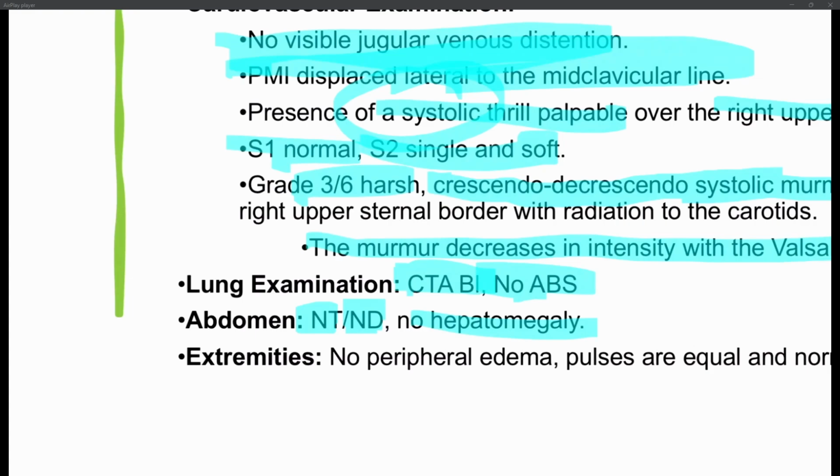What's that reflex? Hepatojugular reflex. And what does that do? You hold it down and then you see an increase in the JVD. By pressing on the liver, in a normal heart, that blood should be accommodated by the heart and pumped out. But because we have right-sided heart failure, we have congestion on the right side.